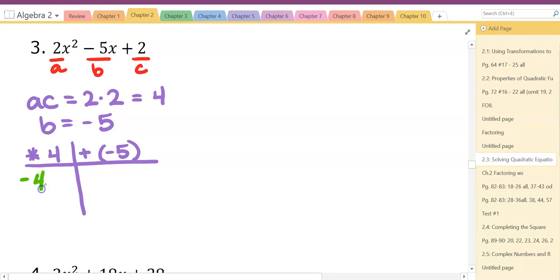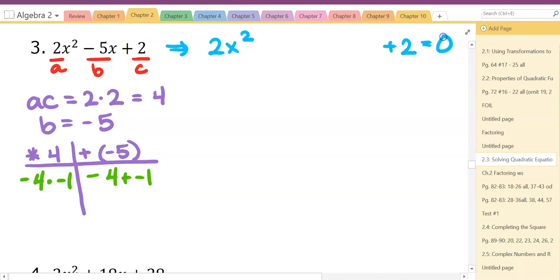Good. So just like the last one, it's the number times 1, and they both have to be negative. That way when I add them, I get negative 5. So remember for these, because we can't just drop them into parentheses because we have a 2x squared, we figured out how to split that. We need to rewrite this. So you leave the 2x squared as is, and the plus 2 at the very end.